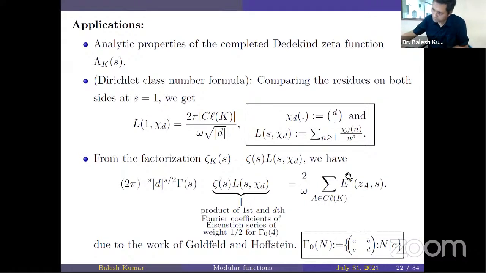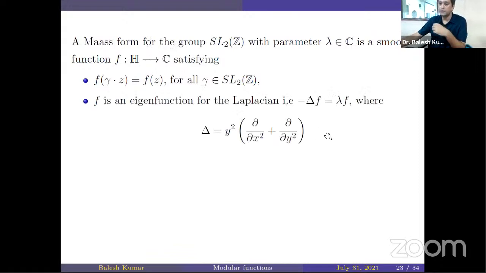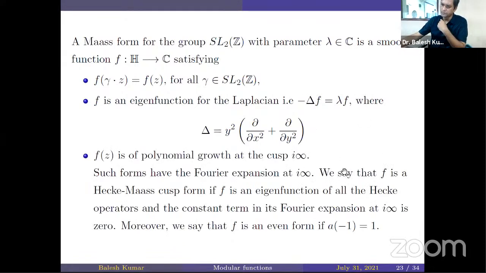So let me define what we mean by a Maass cusp form. I think I've already defined it in the morning lecture, so I will be quick. A Maass form for the full modular group SL2(Z) with complex parameter is a smooth function from the complex upper half plane to C which is invariant under the action of SL2(Z), is an eigenfunction of the hyperbolic Laplacian, and has polynomial growth at the cusp i infinity.